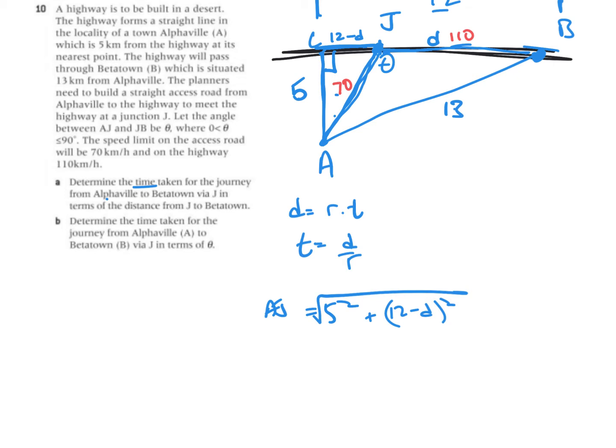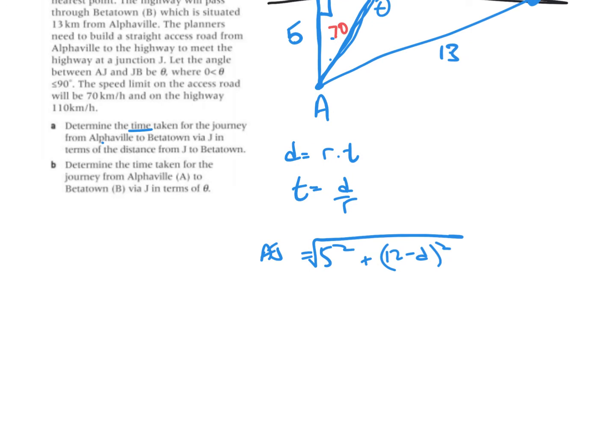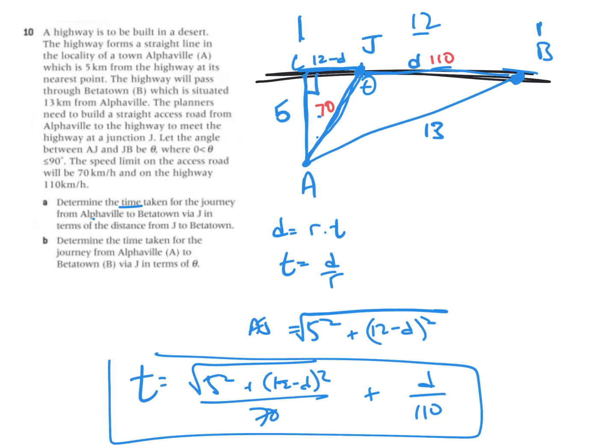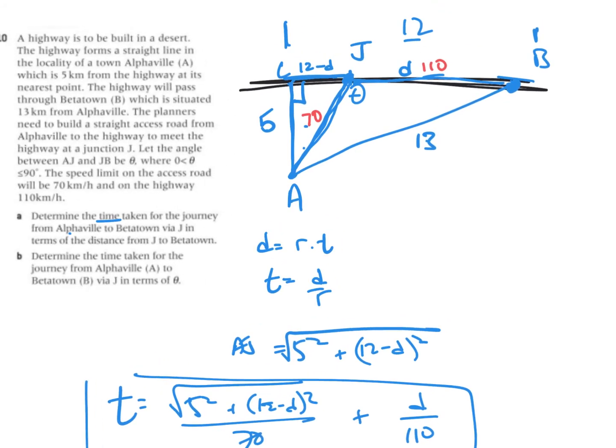And then I'm going to have D. So the total time in terms of distance is going to be the square root of 5 squared plus 12 minus D squared, over 70, plus D over 110. And that will be the total time it takes to go from A to J to B. Okay, so that's part A.